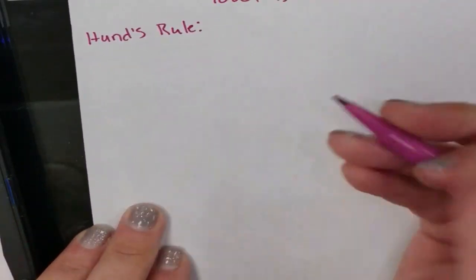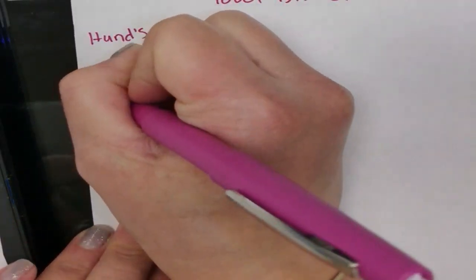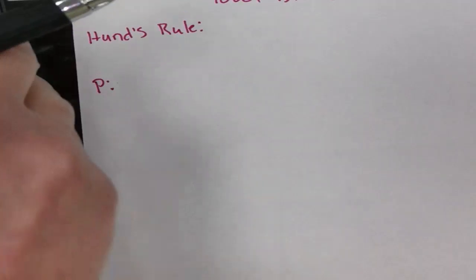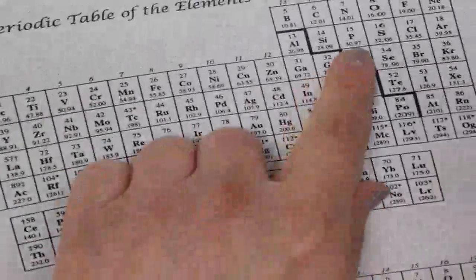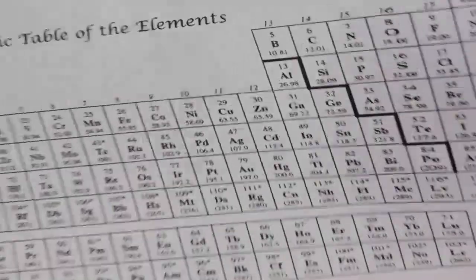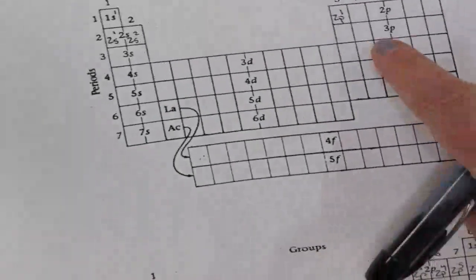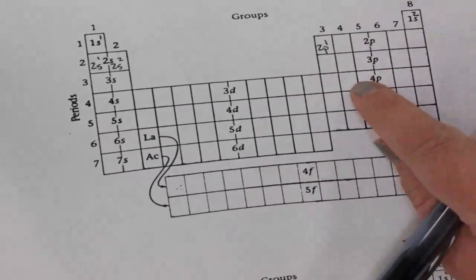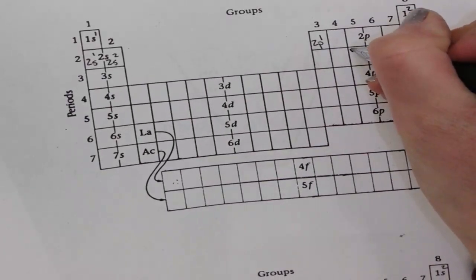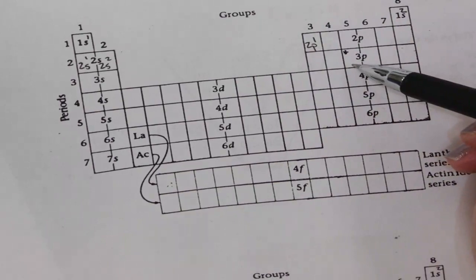Let's look at the electron configuration for phosphorus, and let's actually write that down. So phosphorus is number 15 on our periodic table. So phosphorus on our chart is going to be right here. So this is where we're headed.